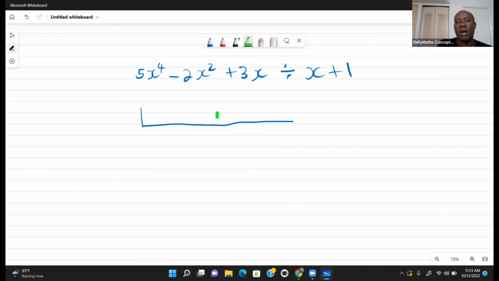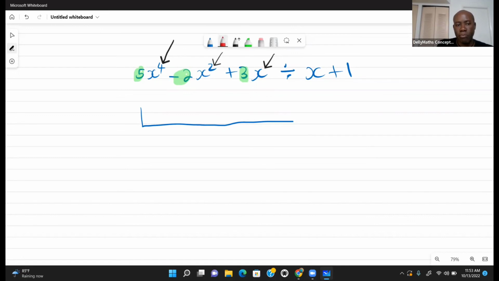So the coefficients are 5, then we have a negative 2, then we have a 3. But if you look at the power, this is x to the 4th, x to the 2nd, and then x to the 1. So what's missing between x to the 4th and x to the 2nd is the x to the 3rd. And we cannot ignore that. So that means that there is a coefficient of 0 for the 3rd power. It's not there. That means we have to replace it with a 0.